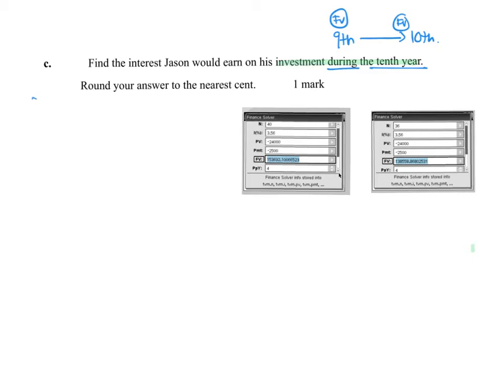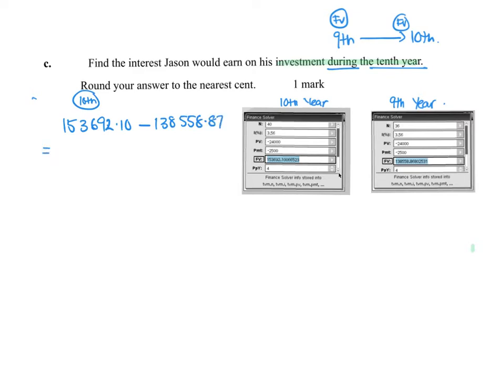So if you have a look here, I've calculated here is the 9th year, and I've used the FE, and here's the 10th year. So if I do the 3692.10 minus, so this was the 10th year, minus the 9th year, 138,558.87.